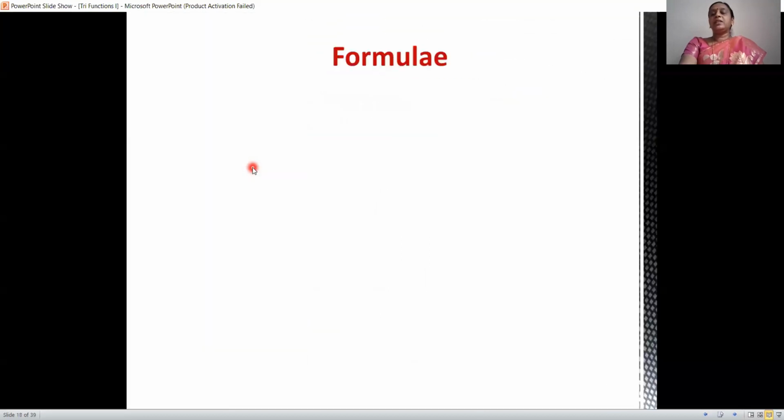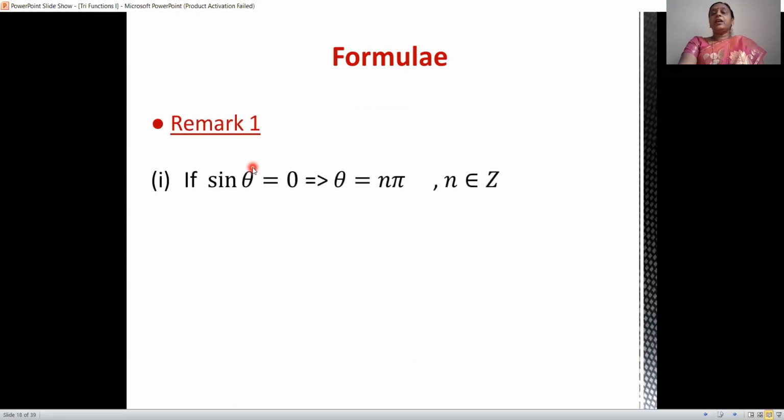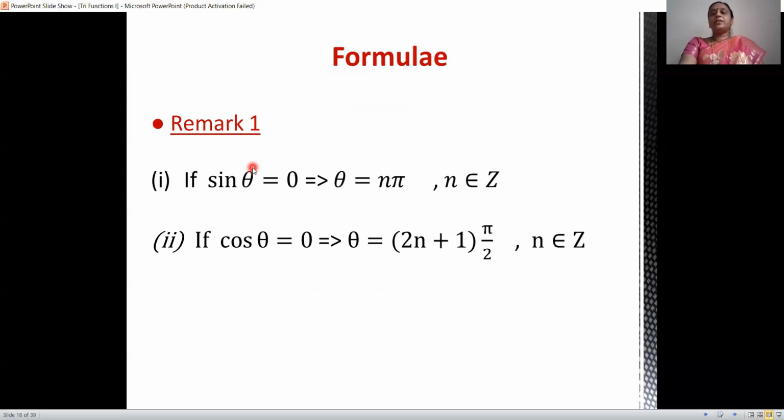Now, we will see some formulae. You know that all the trigonometric functions have different values. Now, for example, for sin theta is equal to 0, what will we get? General solution for sin theta is equal to 0.